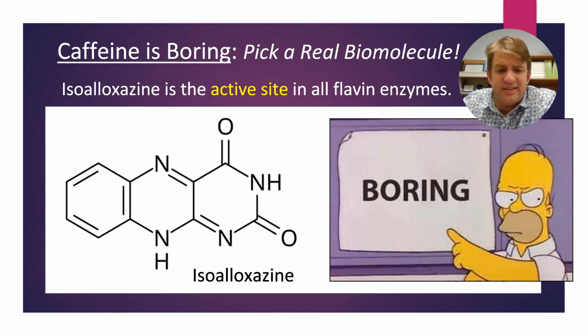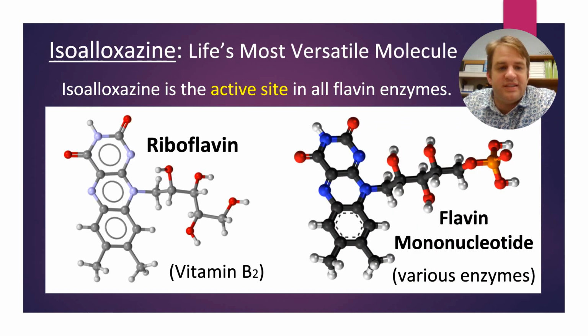So where do we see these exciting isoalloxazines? Well, we see them in riboflavin on your box of cereal, vitamin B2.